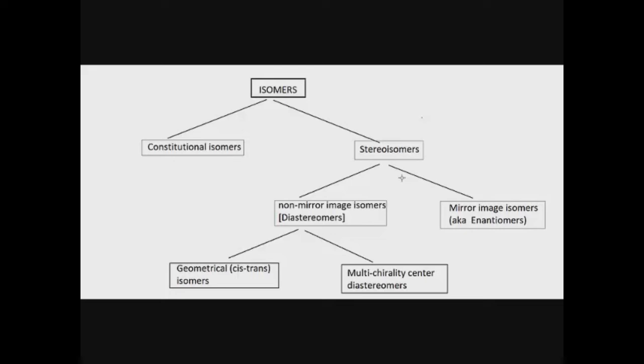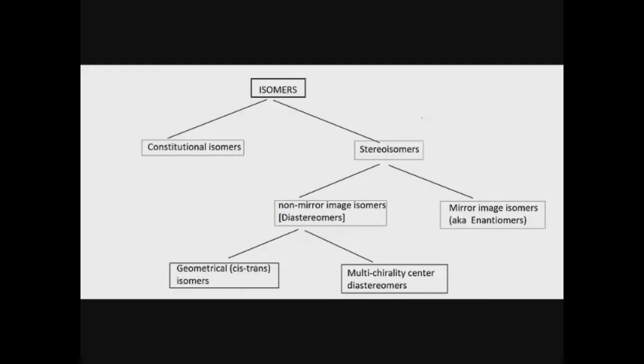To flesh this out more and make it more detailed, we really have this. Stereoisomers fall into two categories: the mirror image stereoisomers and the non-mirror image stereoisomers, or diastereomers. Those are the two subcategories of stereoisomers: mirror image stereoisomers, also known as enantiomers, and non-mirror image stereoisomers, also known as diastereomers.